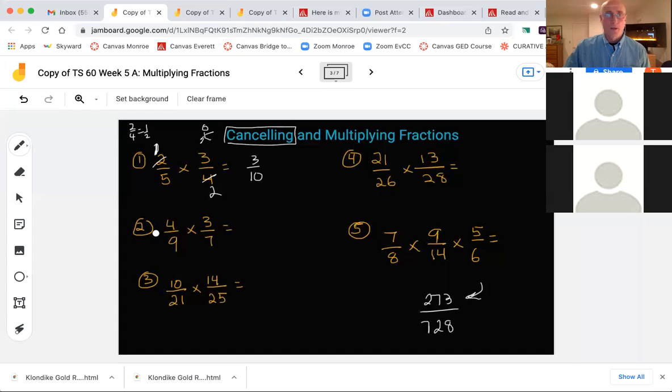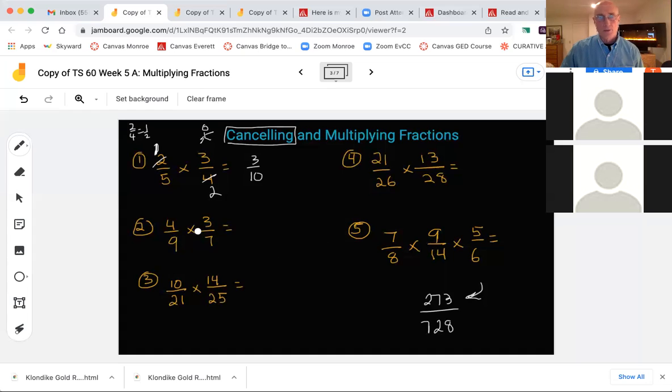Well, look at number 2 here. Again, listen to me think out loud here. I know when I cross cancel, I can reduce any number on top. I can cancel it with any number on bottom. So if I had 3 over 9 over here, I could cancel that down to 1/3.